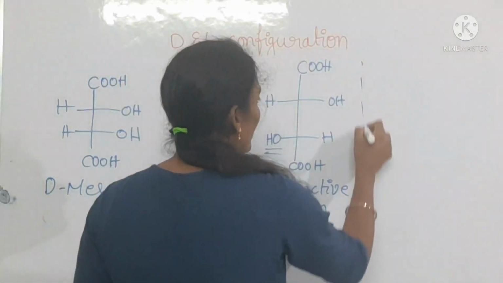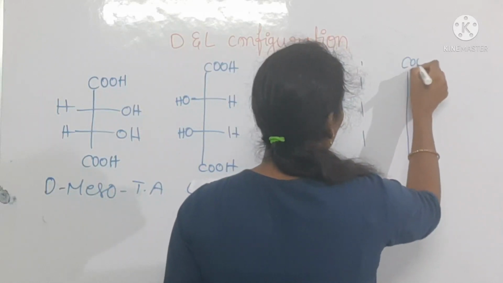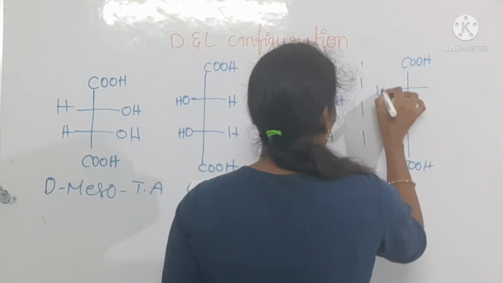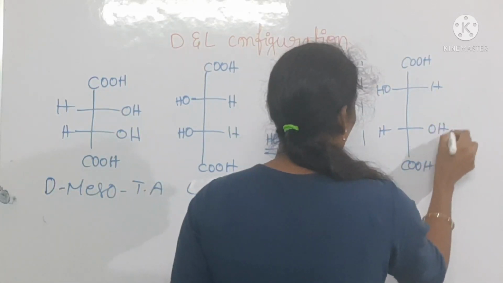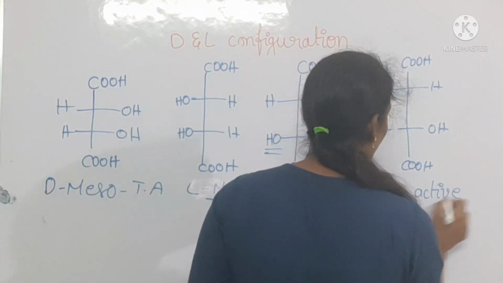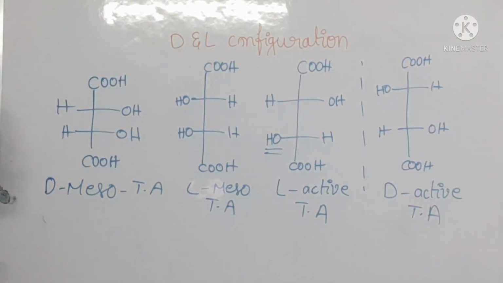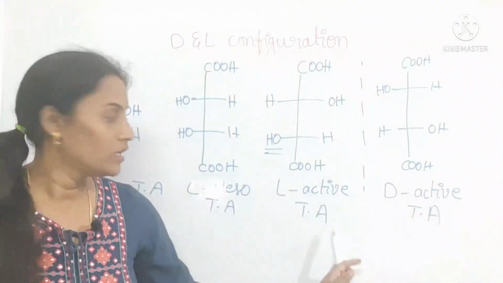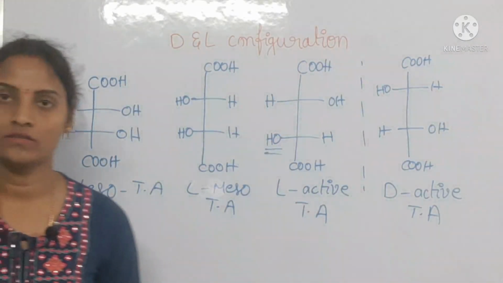In the same way, the enantiomer of this one, see, this is D-active tartaric acid. These two are meso compounds, these two are active compounds, these two are enantiomers of each other, but these two are homomers.